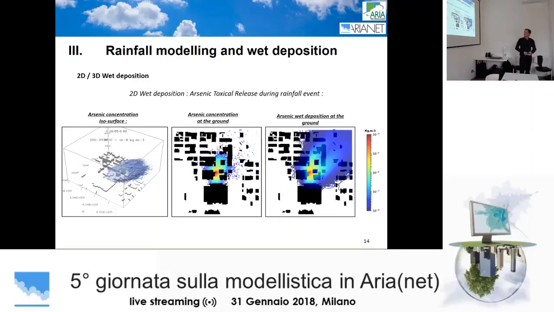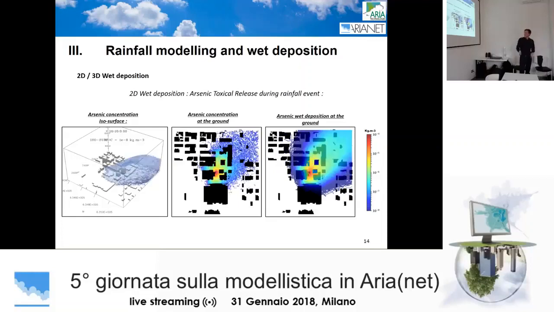On the left, we have an isosurface of concentration of the plume that describes the three-dimensional aspect of the plume evolving in the urban shape. In the middle, we have the ground concentration of this plume, and on the right side, it's the wet deposition at the ground. So what we can see is, first of all, of course, on the right side, it's cumulative deposition.